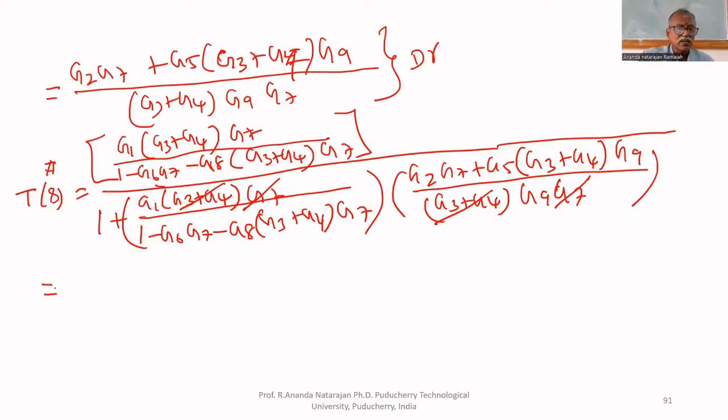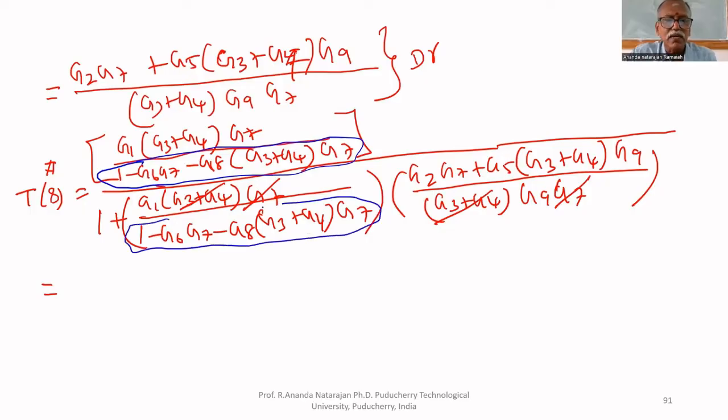Therefore, this is equal to, now what is this part? The part of the denominator in the denominator has to be cancelled. To cancel that, we are taking LCM. LCM means in place of 1, we have to write this.